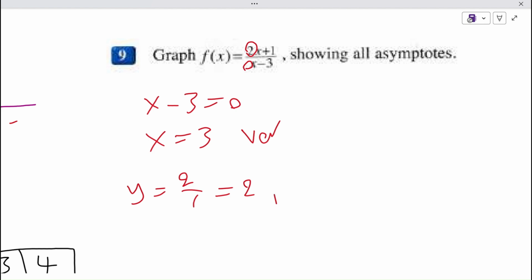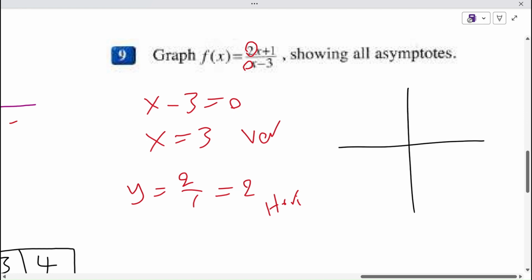Okay, so let's draw the graph. For drawing a graph, x is equal to 3 and y is equal to 2. These are the horizontal and vertical asymptotes.